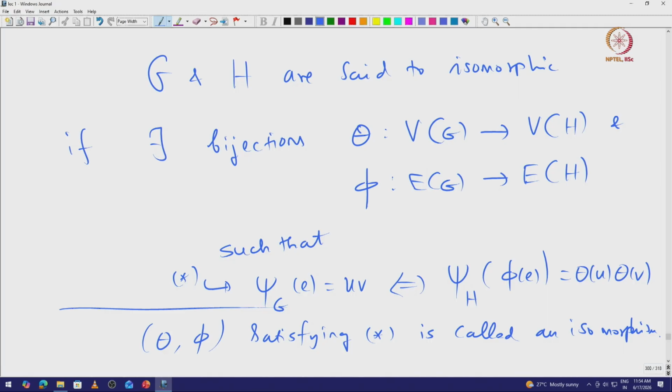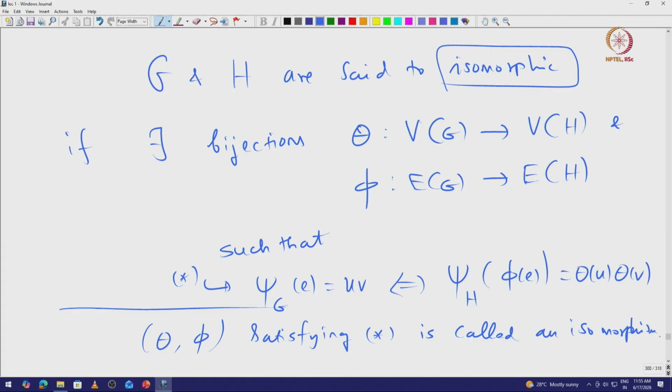This problem is studied both in mathematics as well as in computer science. There are nice algorithms that determine whether two given graphs are isomorphic or not. Anyway, we will not discuss this more in this course. So, the notion of isomorphism is what I wanted to discuss.